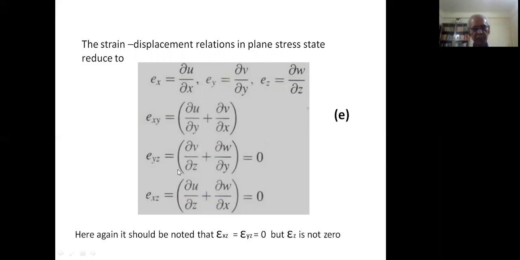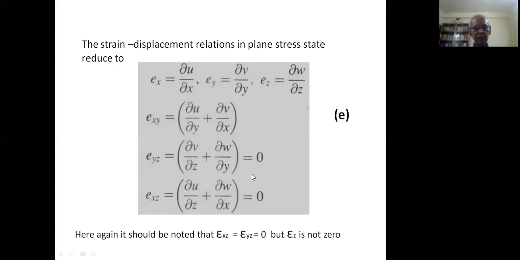But epsilon yz is del v by del z plus del w by del y, which is 0, because this is strain in the z direction. Epsilon xz is also similarly 0, which is del u by del z plus del w by del x equal to 0.